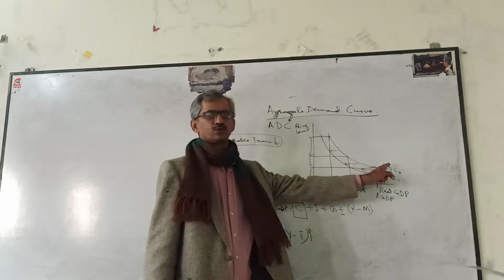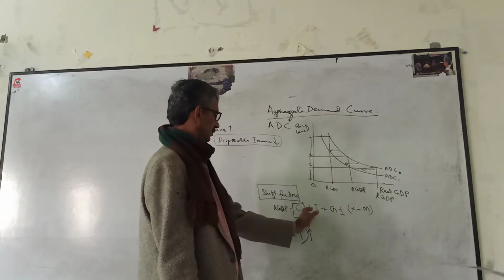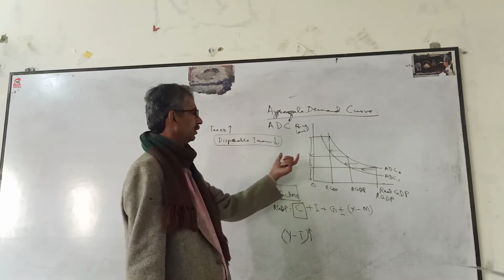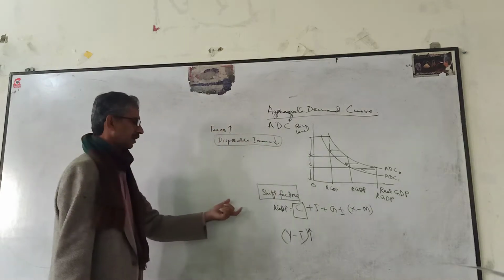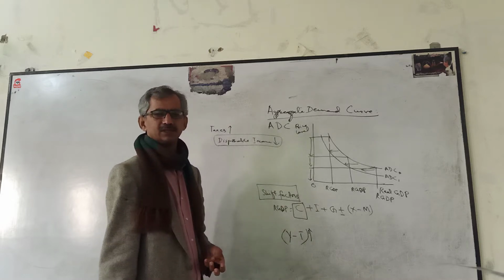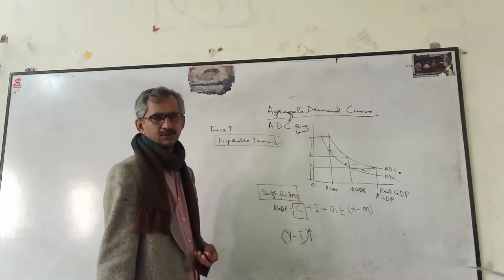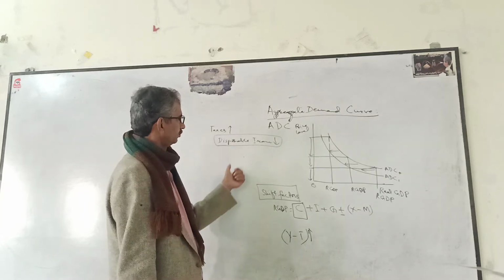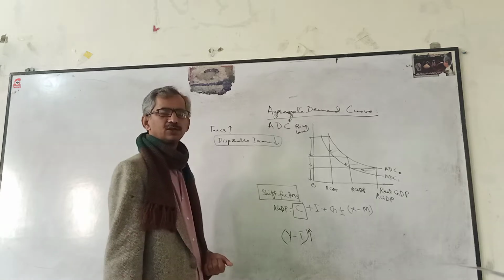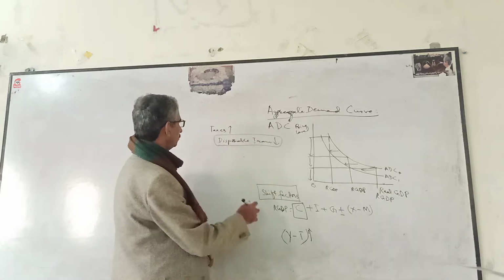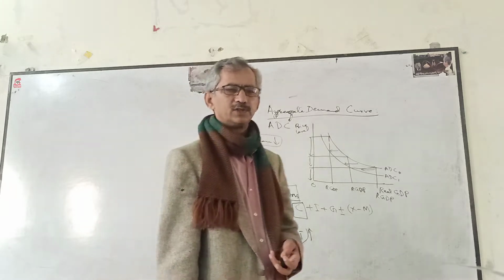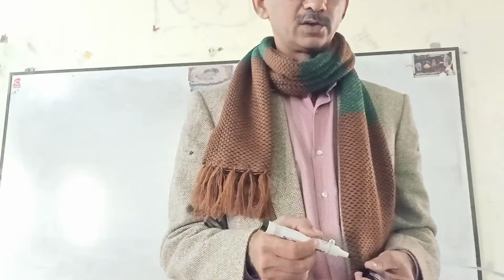Disposable income is directly related to the consumption factor. So when consumption increases or decreases, it has an impact on the aggregate demand curve. When taxes increase, disposable income decreases, so we have an inward shift in the demand curve.